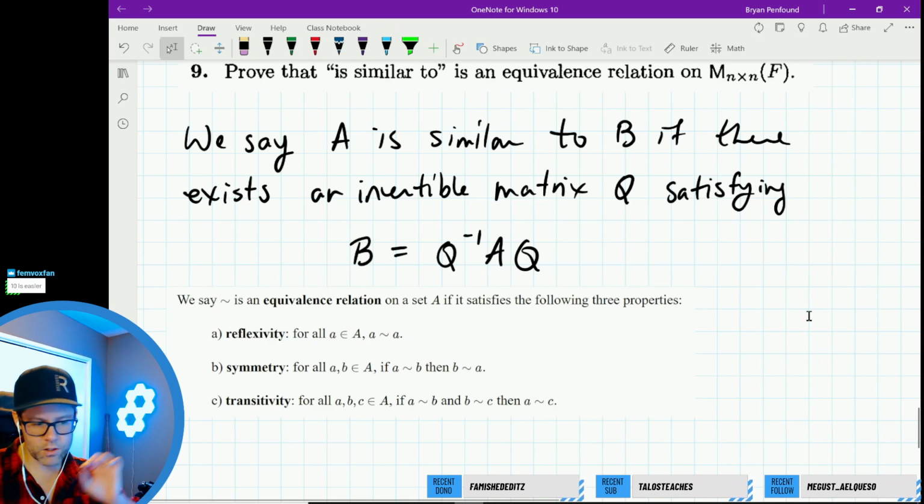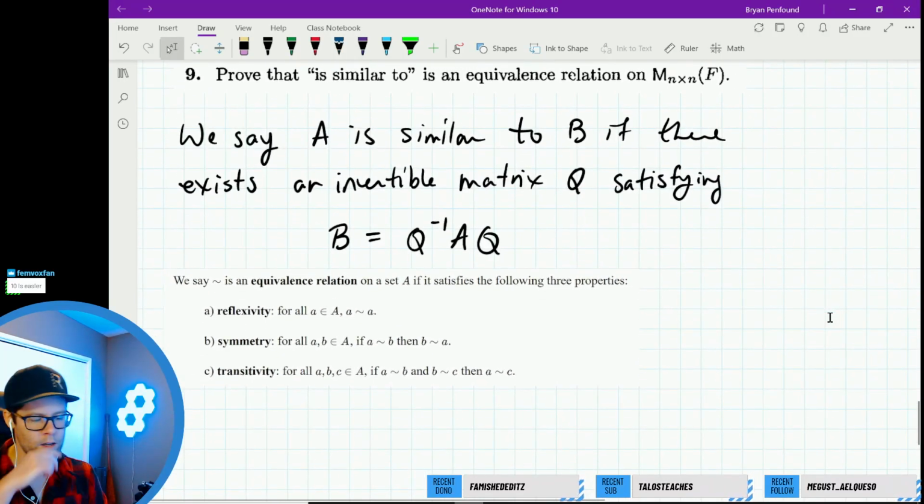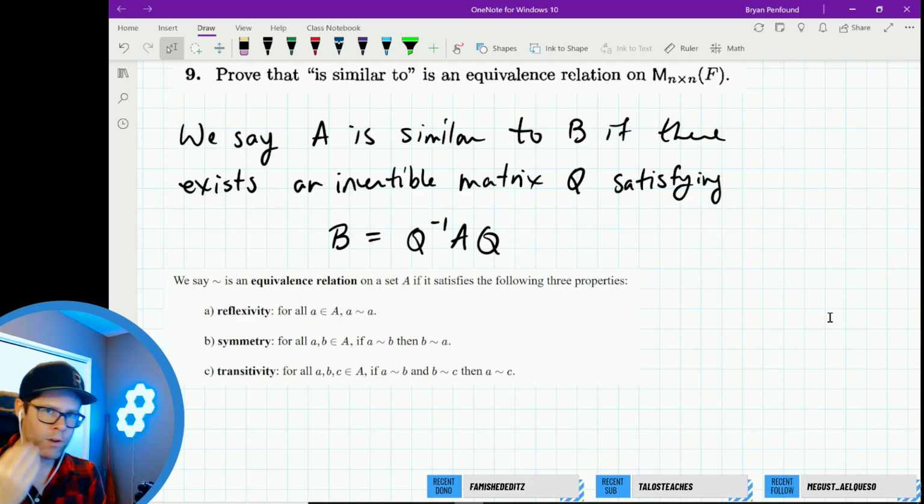These are going to be the two definitions that we need in order to get this proof done. If we could show that similarity is reflexive, symmetric, and transitive, then we'd be done. So let's break this up into 3 steps. 1, is similar to reflexive?